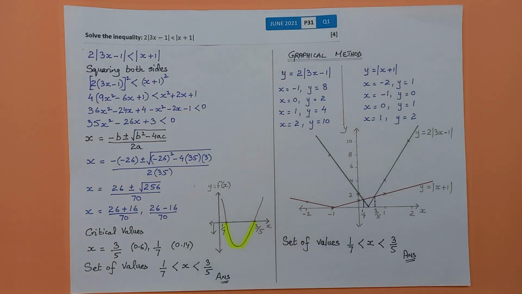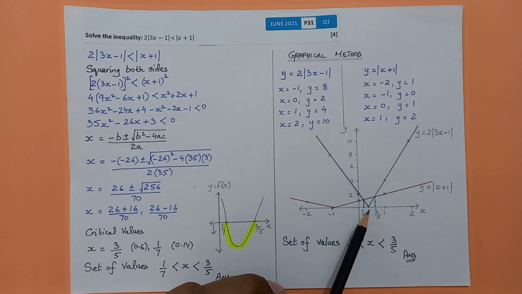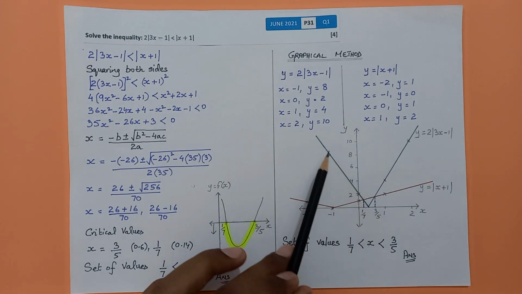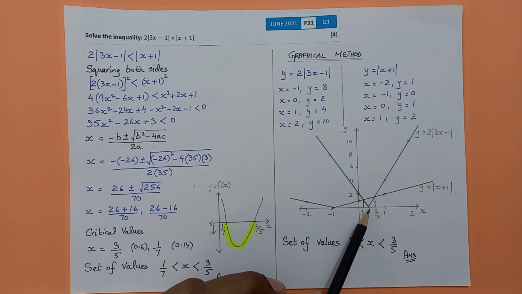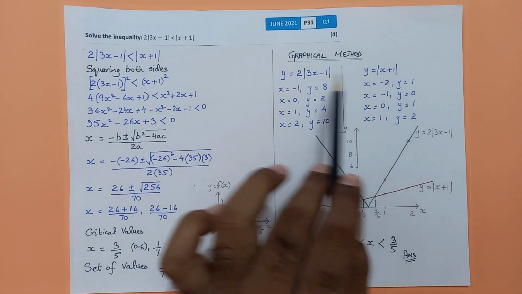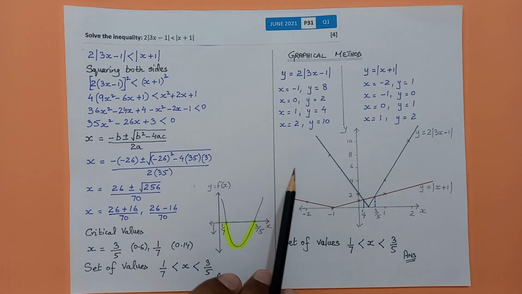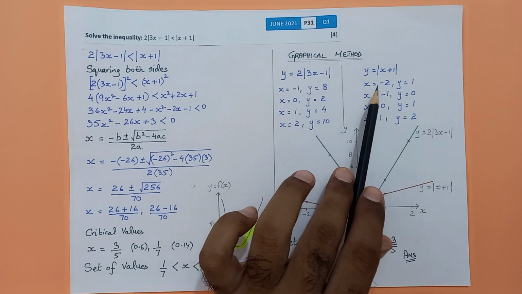If we just look at the graph, we can also observe that the graph is just touching the x-axis and then bouncing back. The graph is never below the x-axis, because if it were below the x-axis, the value of y would be negative, and from the two modulus equations we know that y will never be negative.